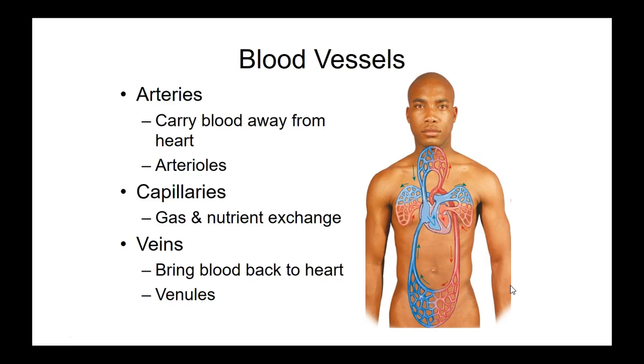Capillaries are where we get exchange of material such as gases and nutrients, and then we have slightly smaller arteries and veins. Slightly smaller arteries are called arterioles, slightly smaller veins are venules. Arterioles are also known as peripheral resistance vessels because those are the ones that largely can contract and change their diameter, and that's going to influence blood pressure greatly. So just keep that in mind.